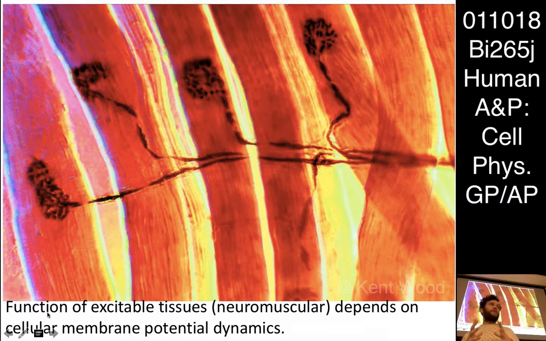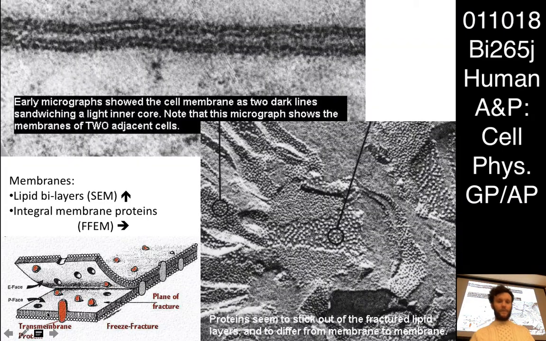So whatever these excitable tissues are going to do is dependent upon changes in that transmembrane potential. We call those changes dynamics. Everyone with me? Okay. So first, just a little bit of discussion about what these membranes are made of.